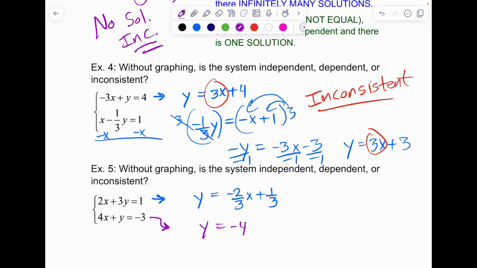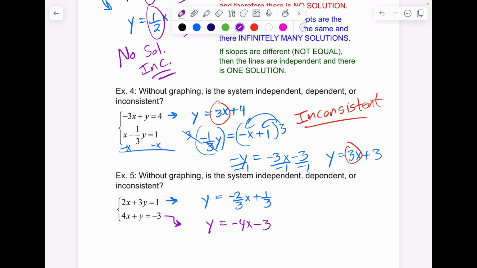So that's -4x minus 3. In this case, we have different slopes. So when you have different slopes, that means automatically it's an independent situation. There's one solution. So this is consistent, independent.